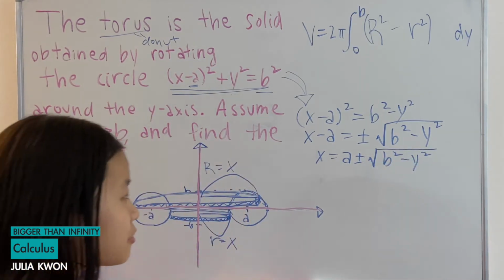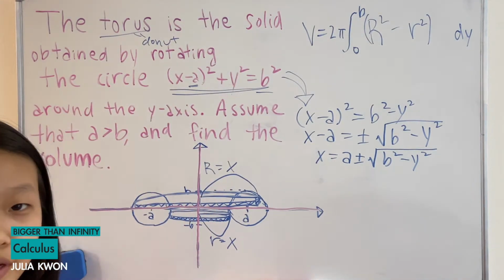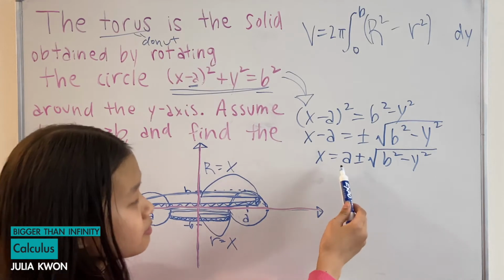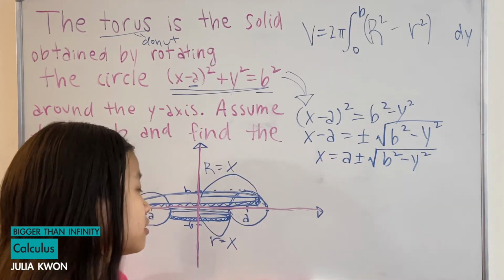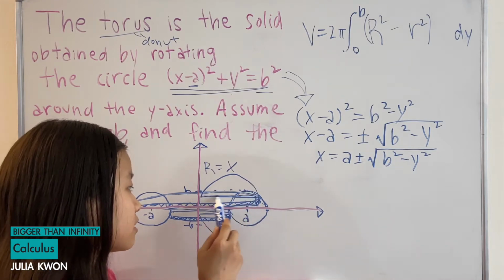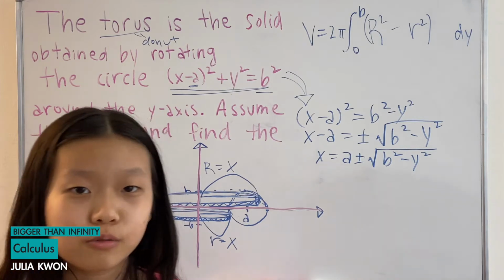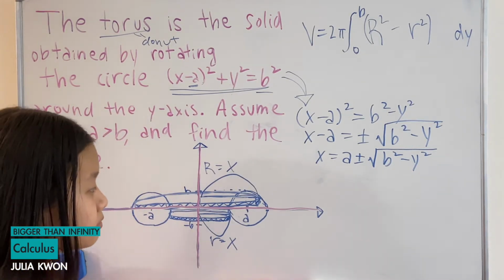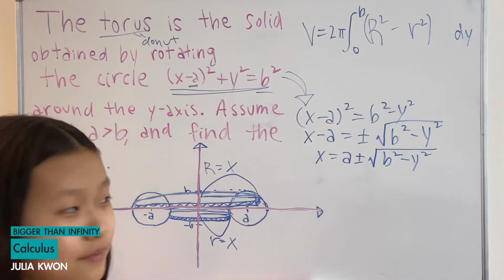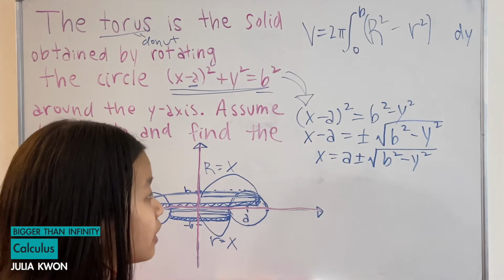And also notice that we have two different values of x, right? So a plus the square root of b squared minus y squared will be the radius of the larger disk, and a minus the square root of b squared minus y squared will be the length of the smaller radius. It's pretty obvious why, right? Because if we have the plus for the x, then the value will be bigger.